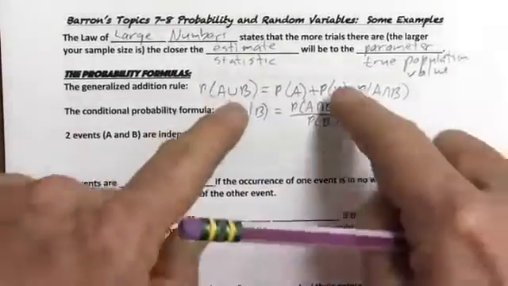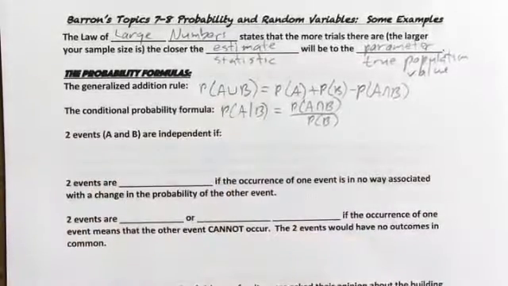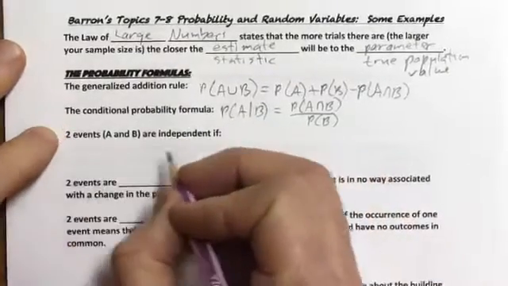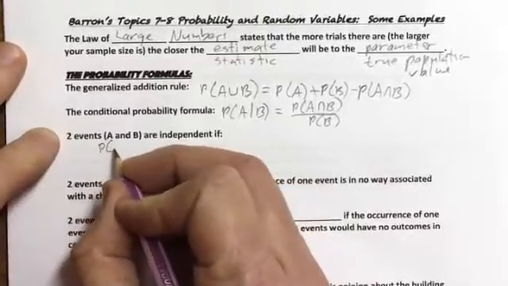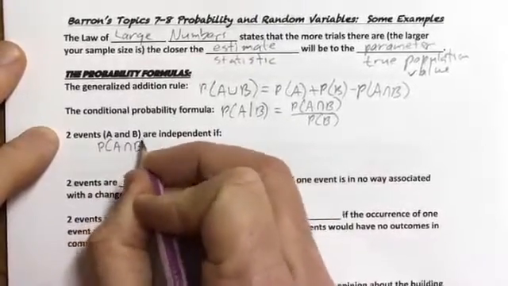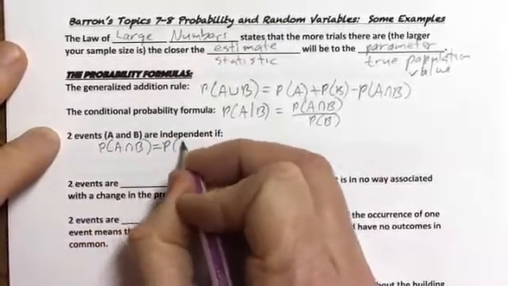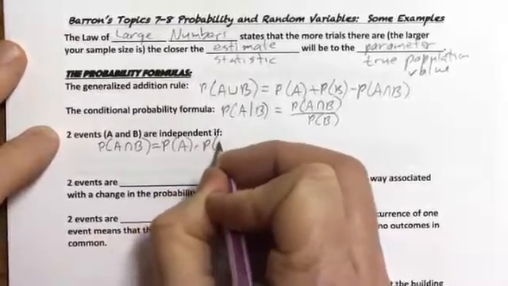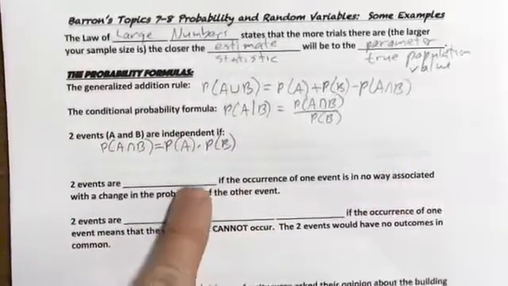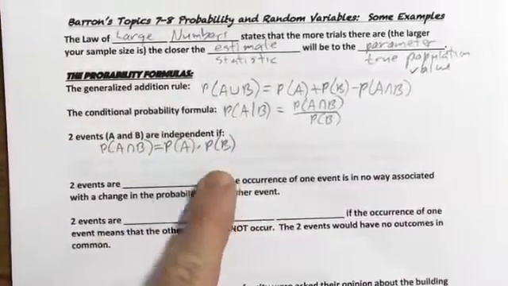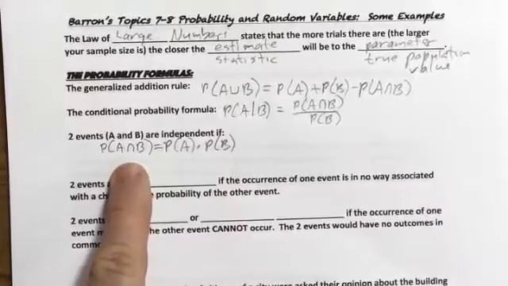Now, these two things are given to you. The two formulas for independence are not; those are how you show whether or not events are independent. Independence means the occurrence of one is in no way associated with a change in the probability of the other one occurring. If they're independent, the probability of A and B is just equal to the probability of A times the probability of B. That's one way you can show whether or not events are independent, by multiplying them together and seeing if it equals the overlap between the two.